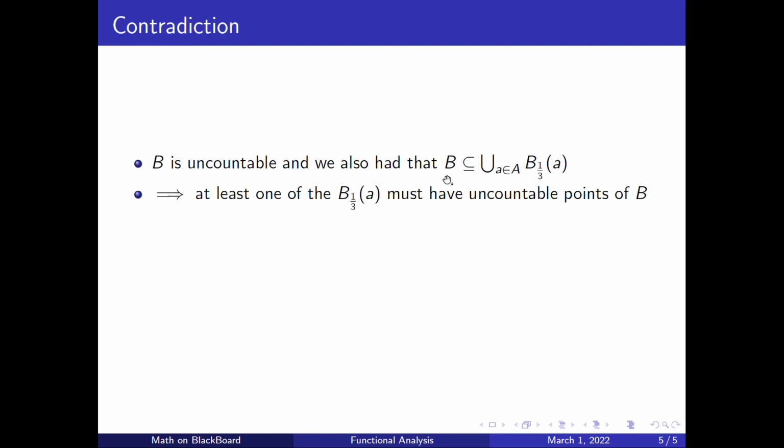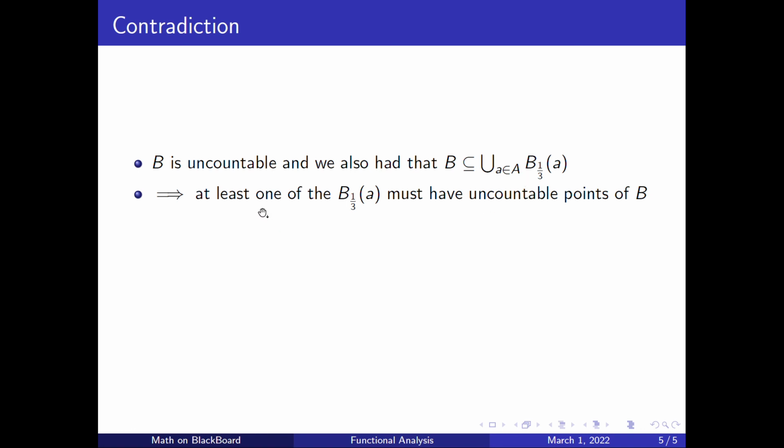Now B is uncountable, so we cannot have each one of these sets be countable and B be uncountable, because if each one of these sets B 1 by 3 of a was countable, it means that a countable union of countable sets is countable, then this entire union would become countable. But then you would have an uncountable set contained in a countable set, which is a contradiction.